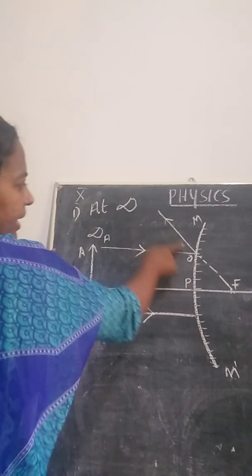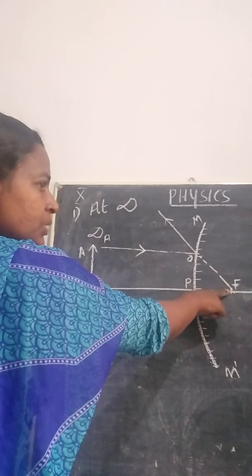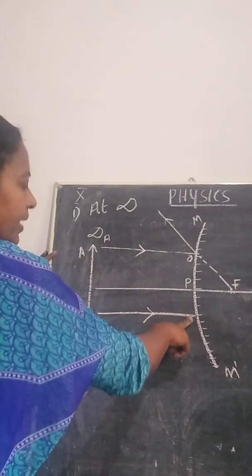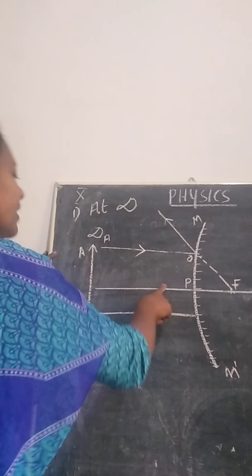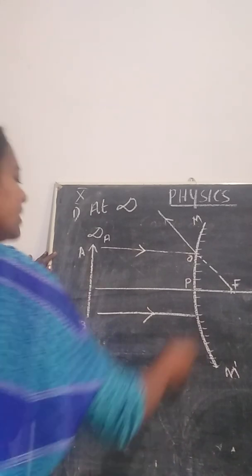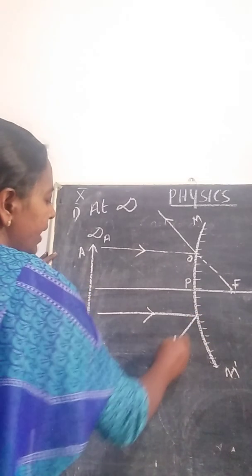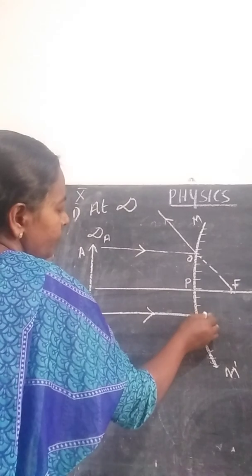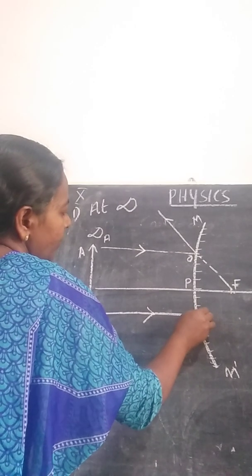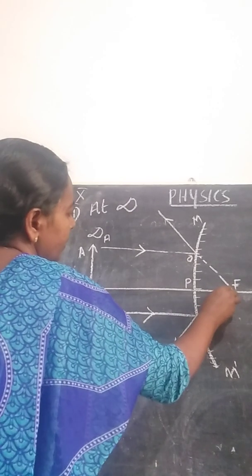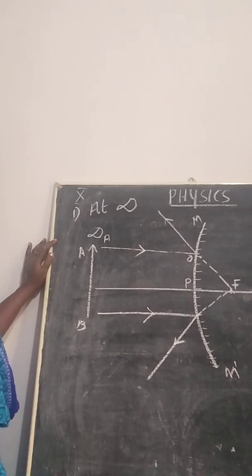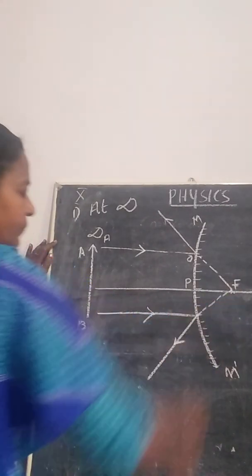This is the reflected ray. That ray appears to be coming from this point, which is called the principal focus. And this is the second incident ray, which is also parallel to the principal axis. After reflection, this will be the direction of the reflected ray. But this also appears to be coming from the point F of the mirror. Clear? This is also coming from the common point F.